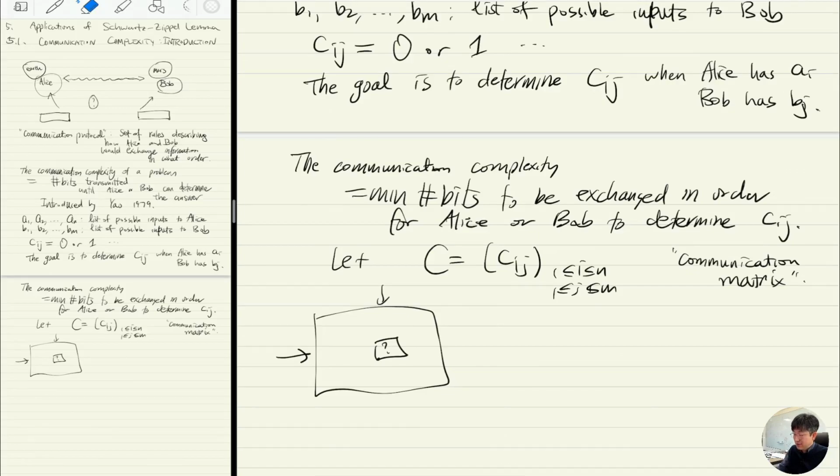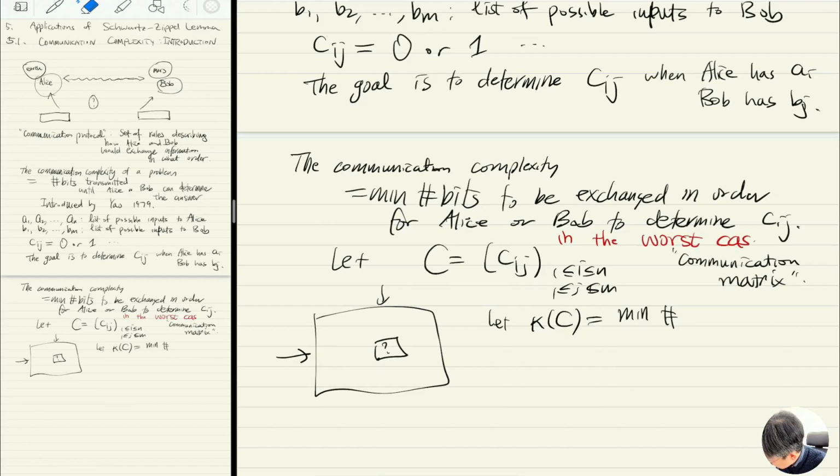Let the communication complexity be the minimum, I should say in the worst case. No matter which input Alice and Bob have, you can determine Cij by a certain number of bits.